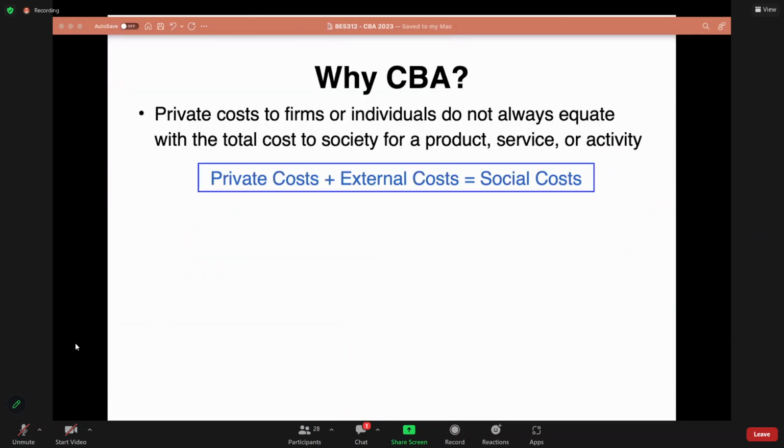So then, within this context, why do we need cost-benefit analysis? It's to try and capture these things. When we only look at the private costs to ourselves, that's not really capturing the total cost of a product, service, or activity.